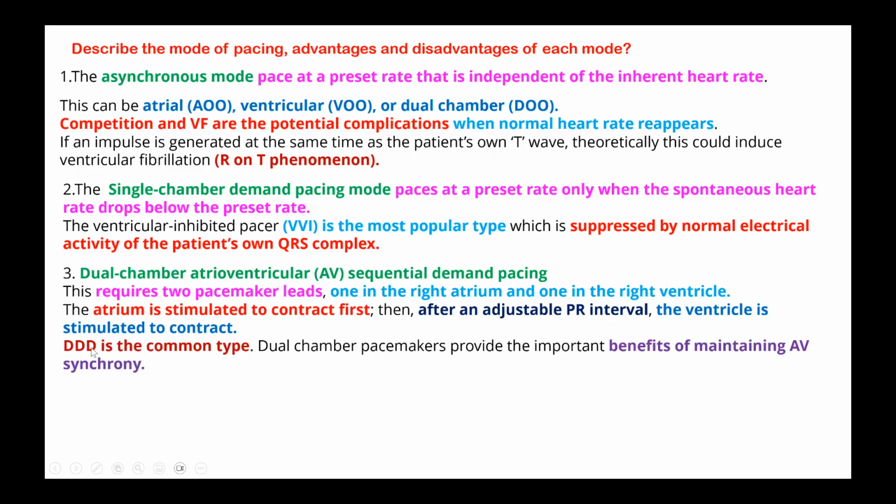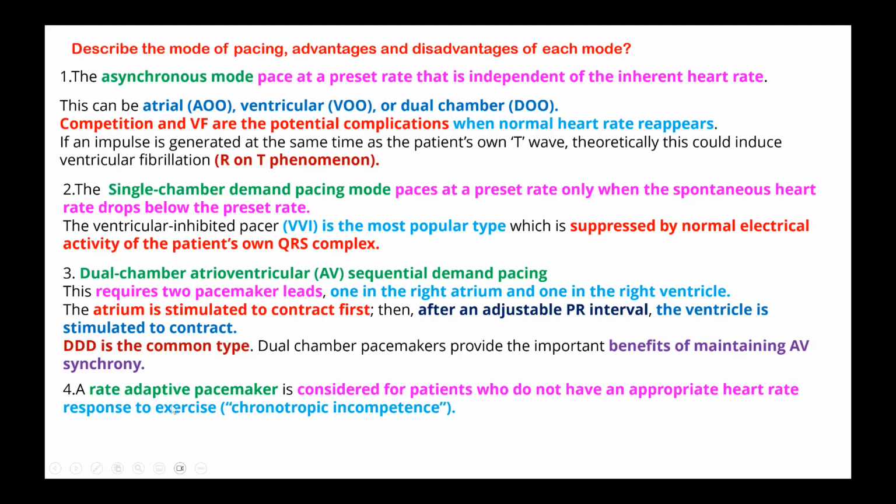And the coding for that is DDD. That is, both the chambers are paced, both the chambers are sensed, and both inhibition and triggering are possible. So the dual chamber pacemakers provide the benefit of maintaining atrioventricular synchronous contraction.